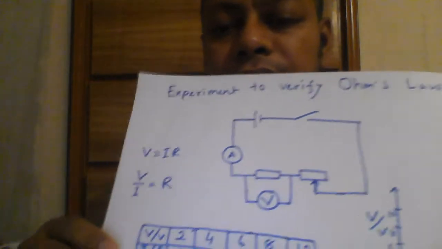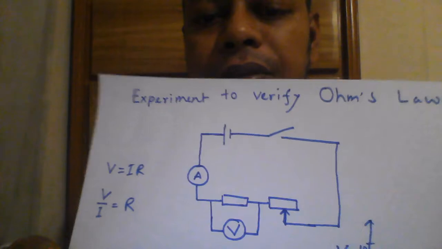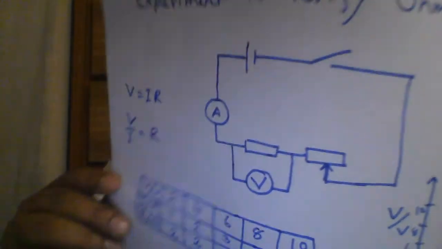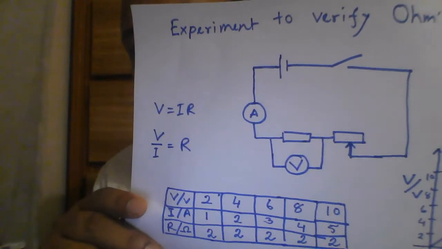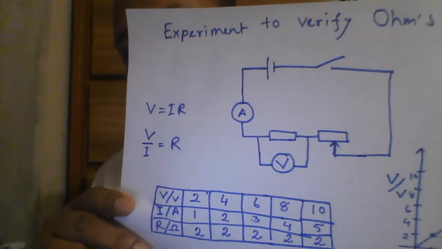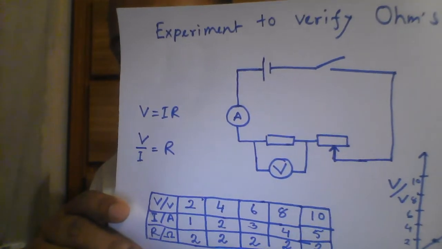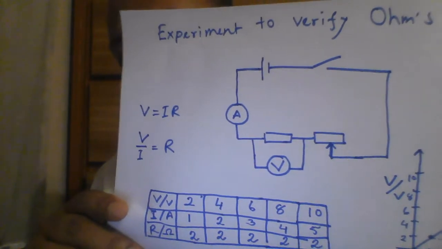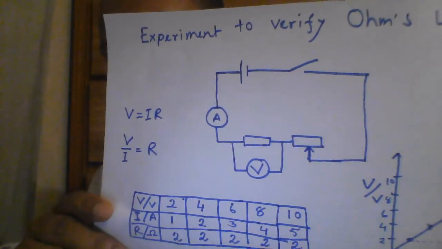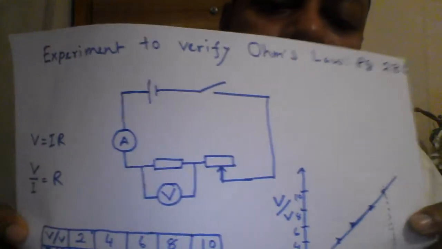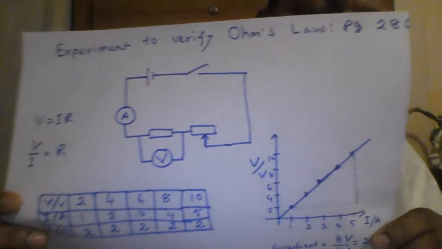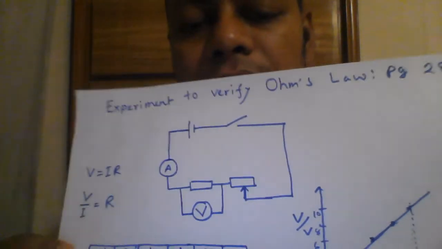Here is the circuit diagram of this experiment. You see there is a power supply, one switch, ammeter A, the voltmeter is connected across the fixed resistor, and there is one variable resistor. We are getting the current for the entire circuit.